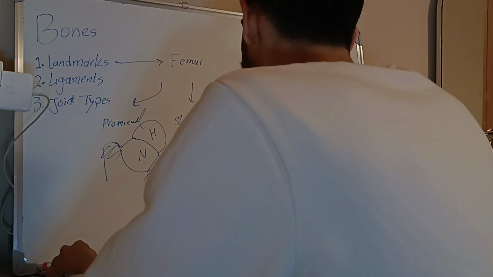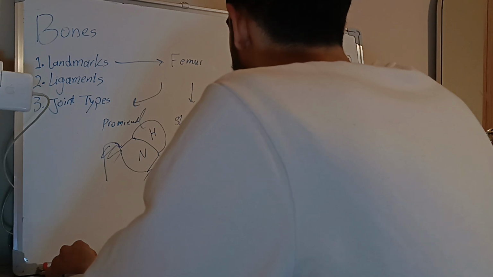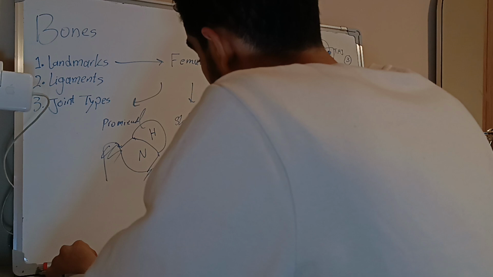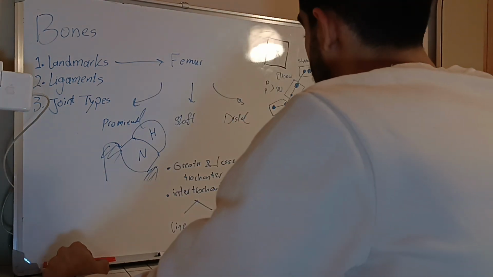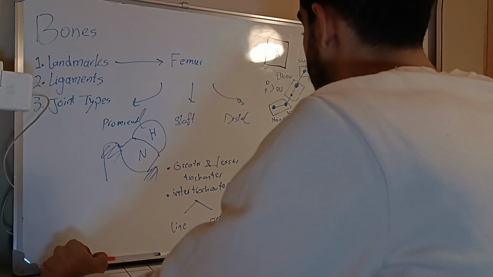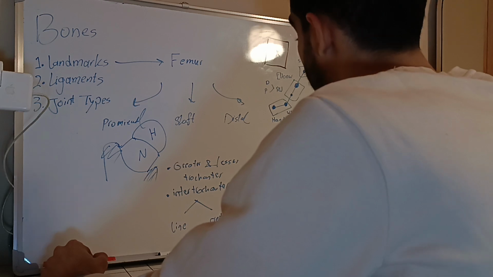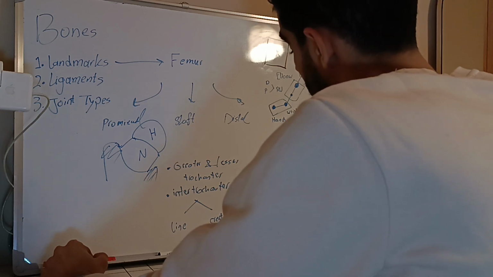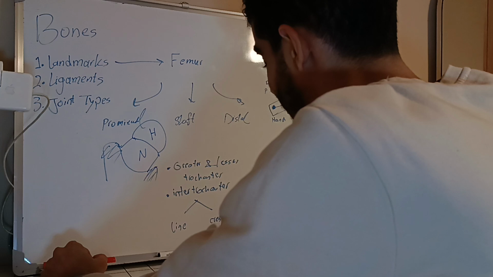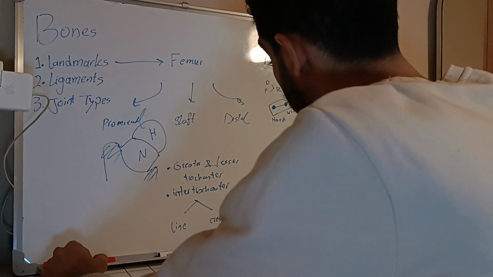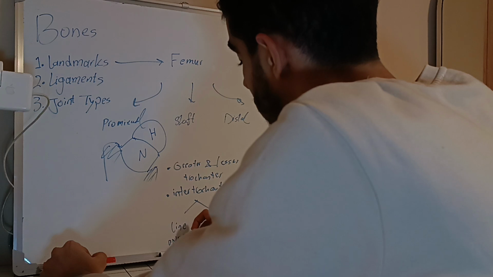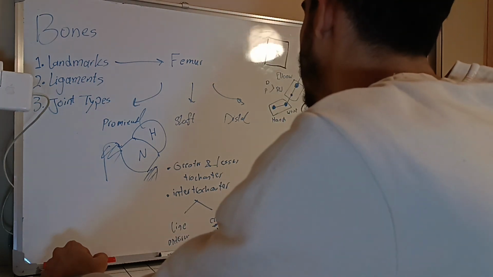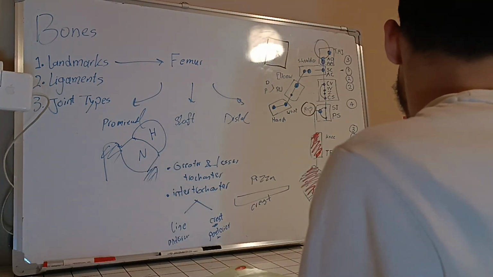The intertrochanteric region has two things, the line and the crest. Just imagine a pizza. The crest is in the posterior part and the line in the anterior, right? So just know that the posterior has the crest.